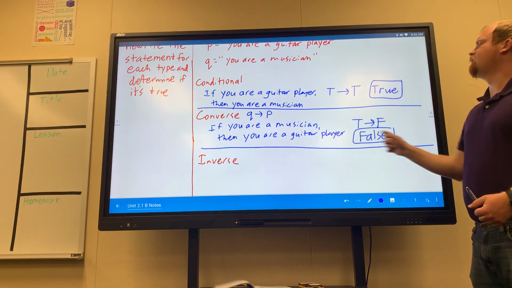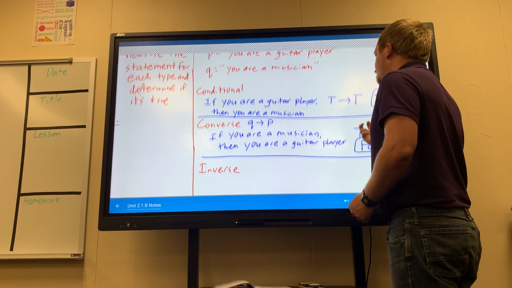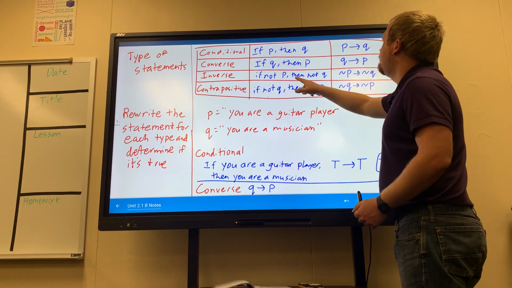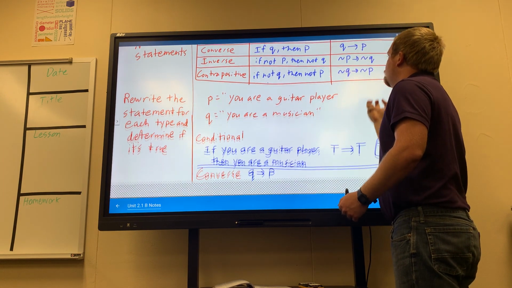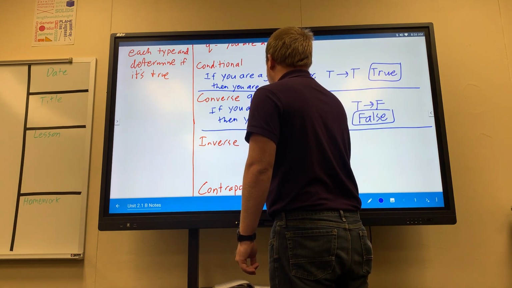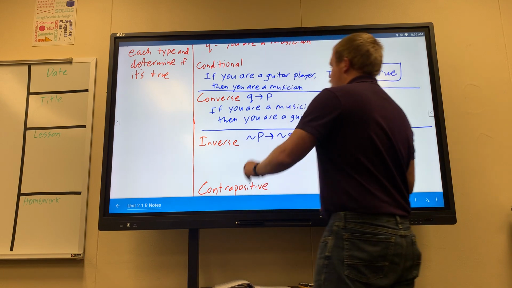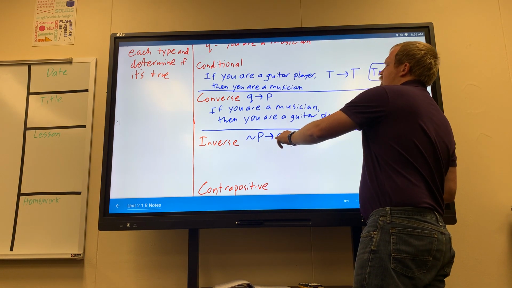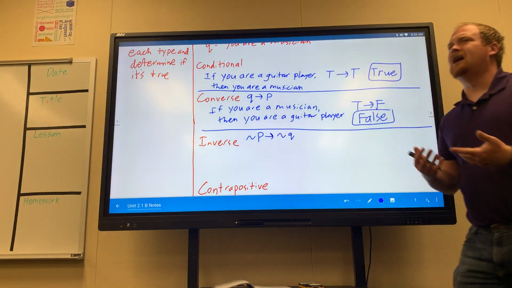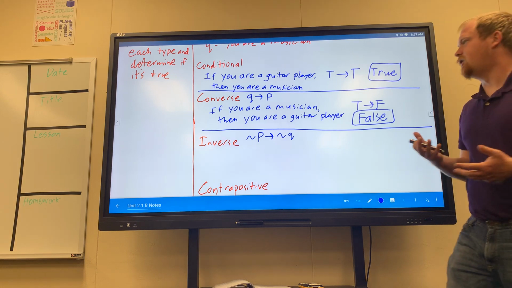Now, I just draw lines to distinguish the inverse. So remember, when it comes to the inverse, if not P, then not Q. Okay? So the negation of P, negation of Q. If not P, then not Q. So there's not really an opposite of Q. I mean, there's not really an opposite of the guitar.